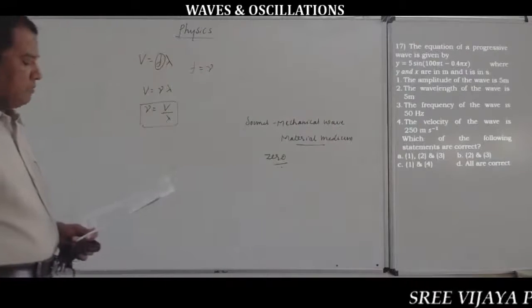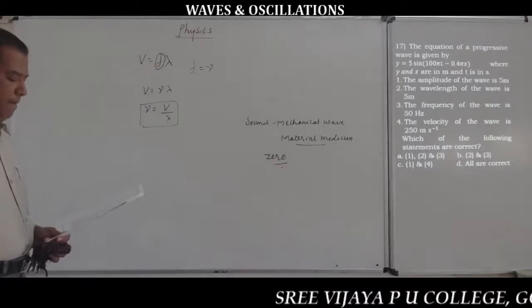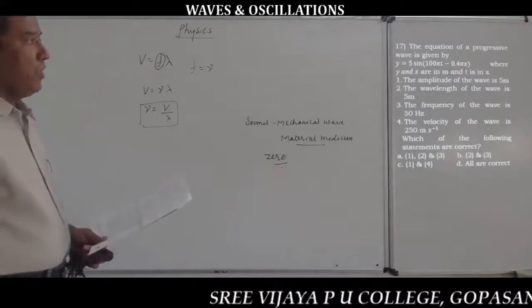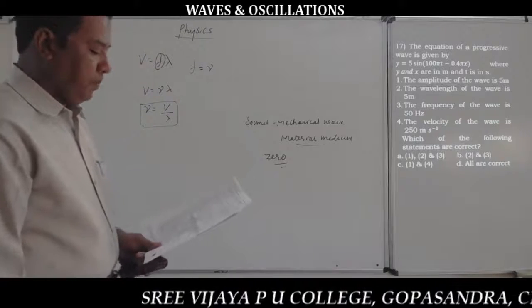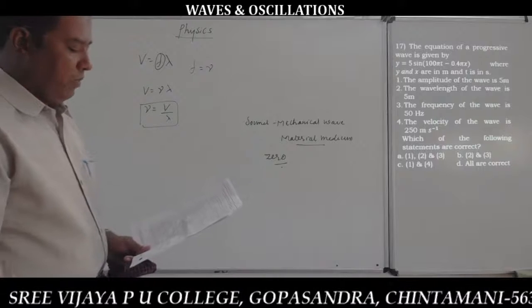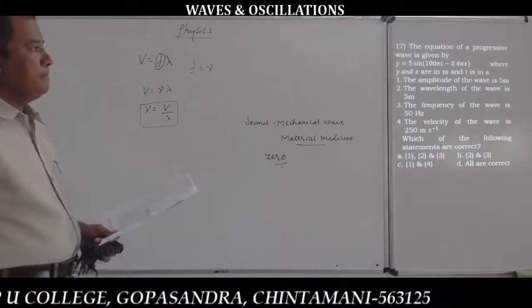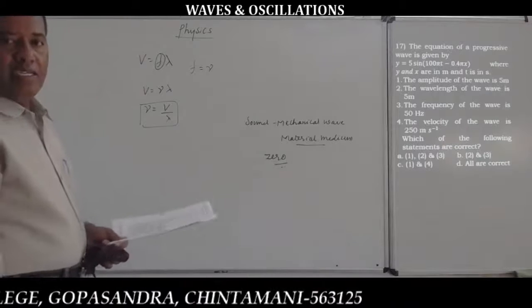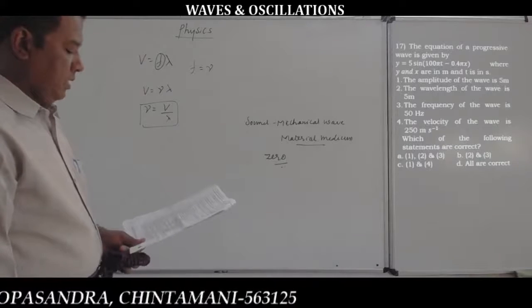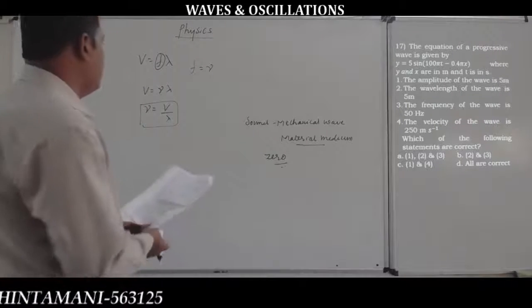So question number 17. The equation of a progressive wave is given by y is equal to 5 sine 100 pi into t minus 0.4 pi x, where y and x are in meter and t is in second. So now let us find out the parameters one by one.